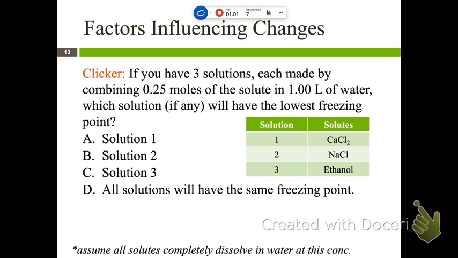The Van Hoff factor. Alright, let's do another 45 seconds. It makes a lot of sense when you look at the equation for it up there, because you just multiply. Talk amongst your group.